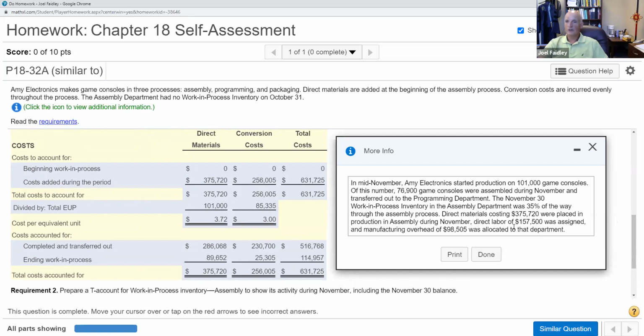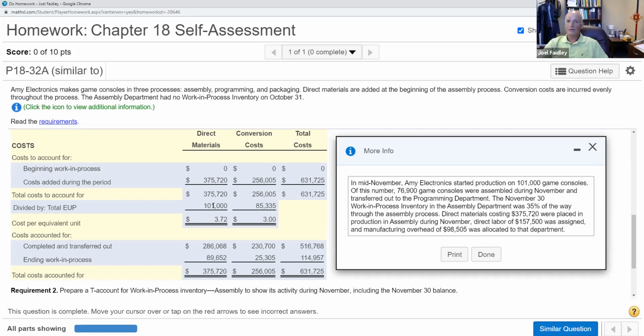Our conversion costs were 157,500 plus 98,505. So that's 256,005, and so there's my total cost that we're given. All that's given, and so those are our costs to account for. All right, so now we're three ways through this four-step process of the production cost report.